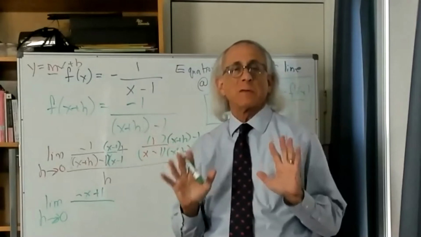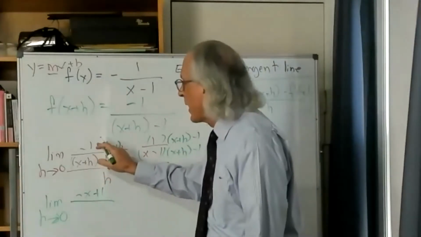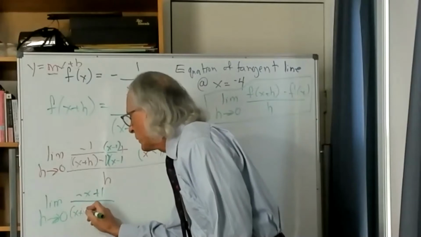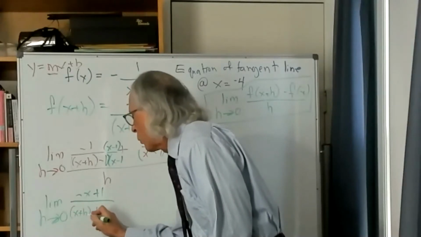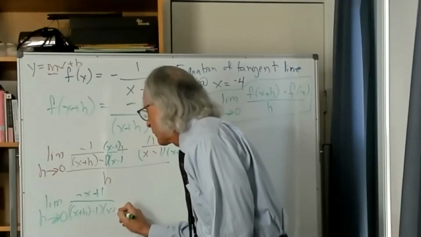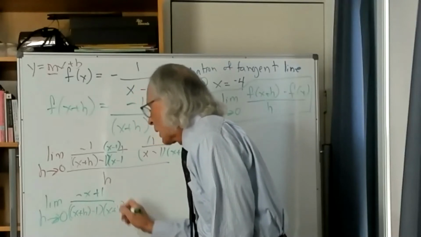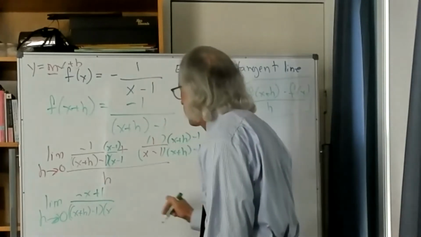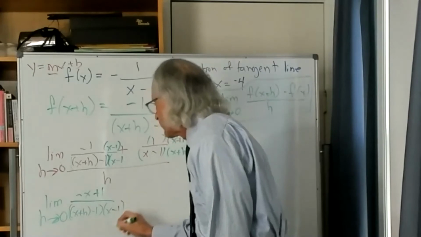It's going to make your life a lot easier. So the denominator of this piece right here is x plus h minus 1 times x plus h... No, I got ahead of myself. Times x minus 1.